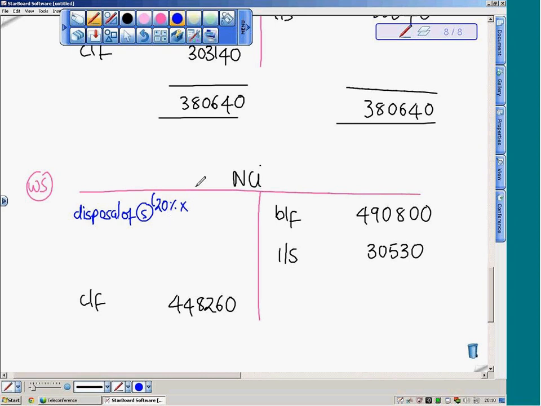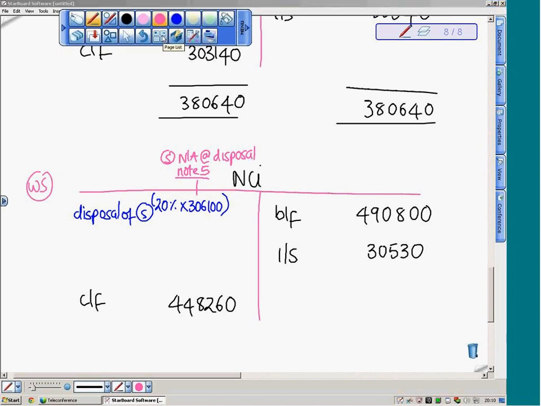Okay, the net assets at disposal date given in note 5 is 306,100. So this is given in note 5. It is the subsidiary's net assets at disposal. Now apply that through, you have 61,220. That's a bit of extra for you to think about.